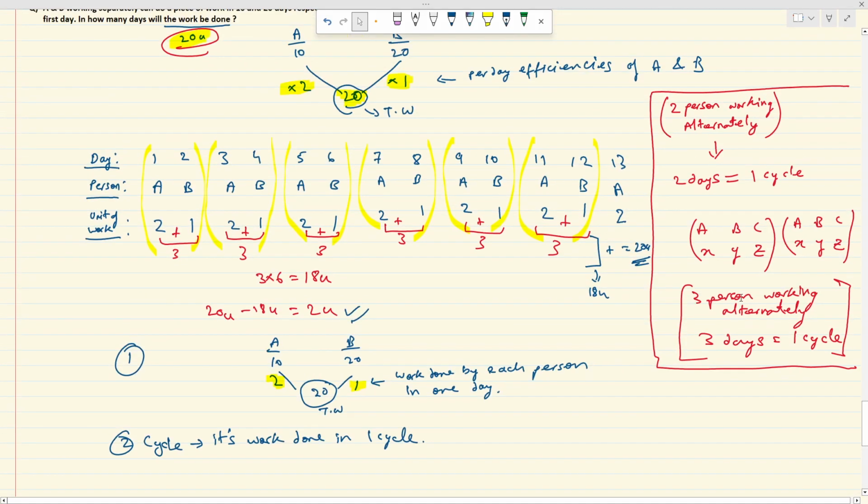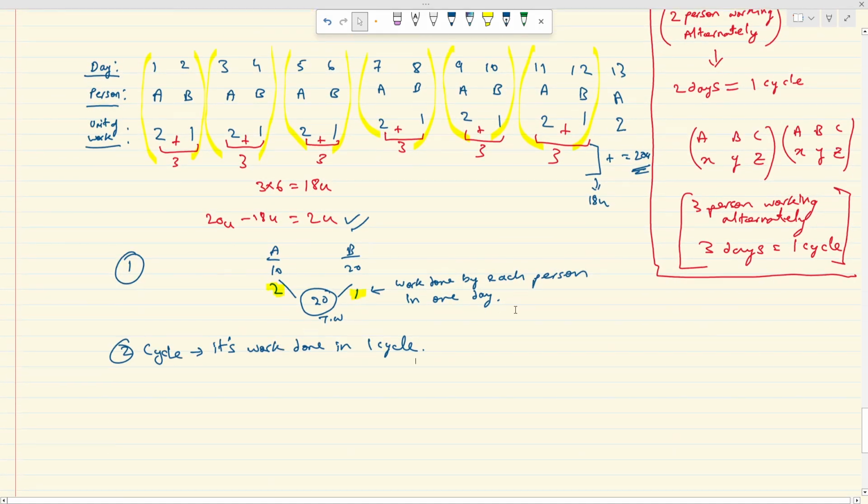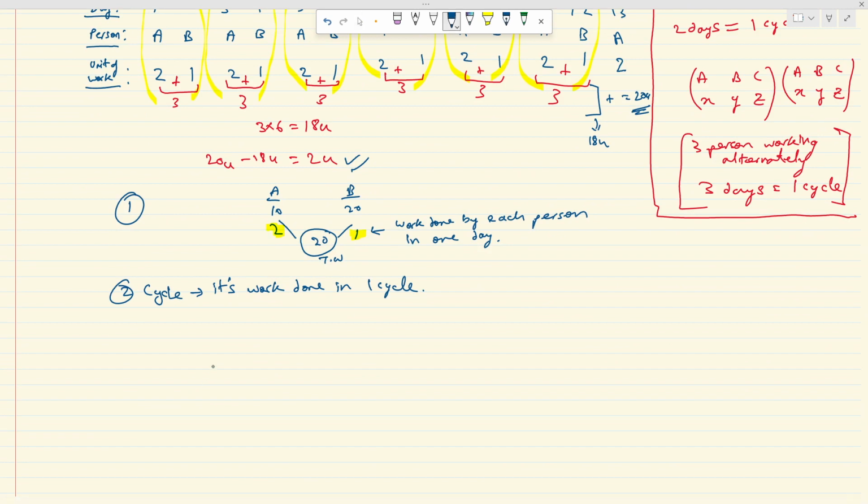In our question there are 2%, A and B. So 2 days will be one cycle. And starting with A, it is given in our question. So one cycle is A working on the first day, doing 2 units of work, and B on the second day doing 1 unit of work. This is our one cycle.